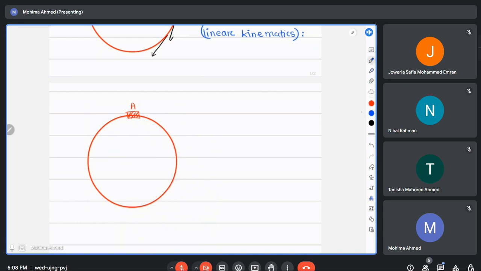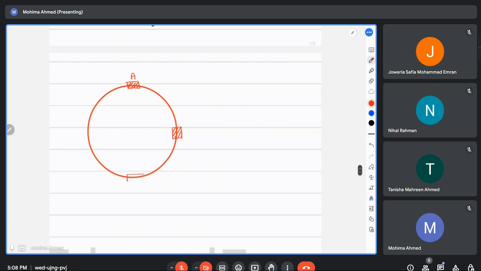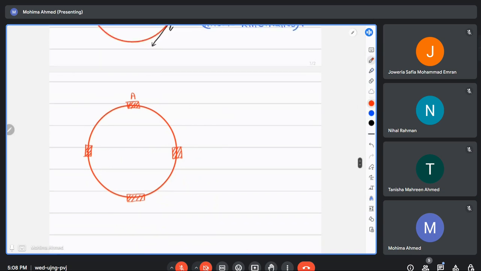Now I will draw this same car at four different sections of the journey. This is the same car on four different sections of the circular pathway, and at every point there will be a force acting on the particle that will act at the center of the circle.